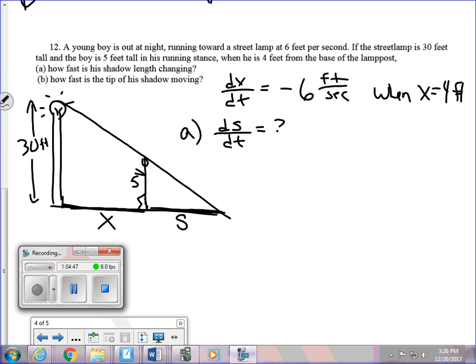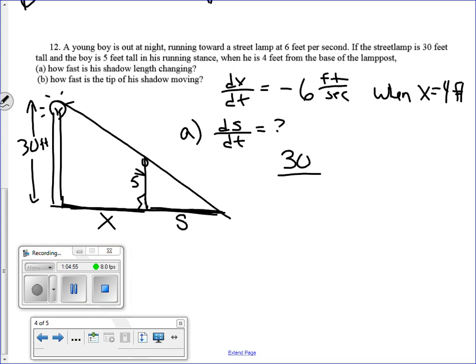They're similar, so we set up a proportion. There are different ways to do it, but you could take corresponding sides. Big is to little, so I could write 30 is to 5. They're corresponding. Then you take another big side. This whole side down here would be x plus s, and this corresponding side in the smaller triangle would just be s. Corresponding sides of similar triangles are in proportion.